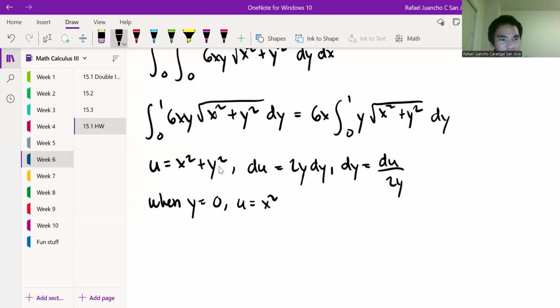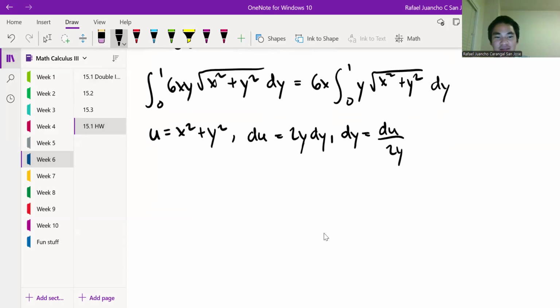How does that change my bounds? Or it doesn't, right? Oh, that's the strategy. So I don't need to do that. I'm going to switch it back anyways. I'm just making it clean and simple.